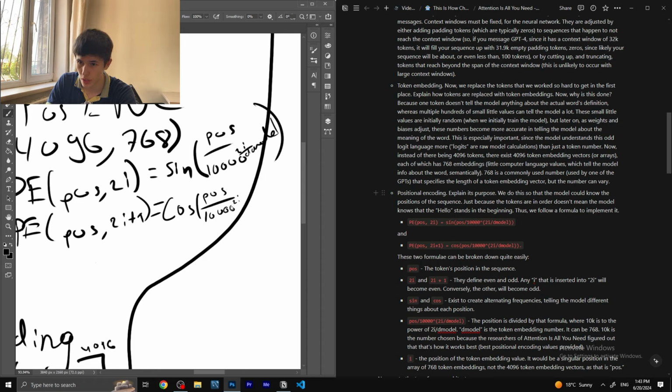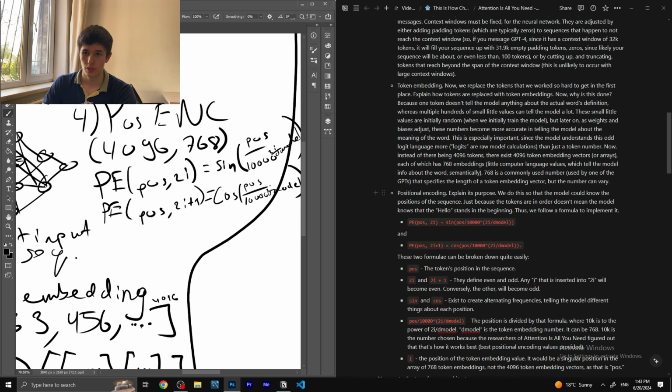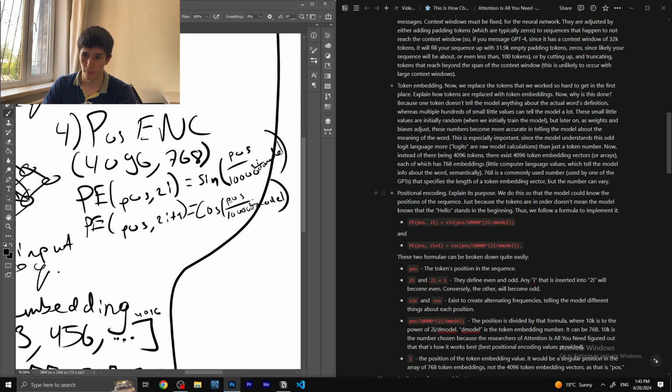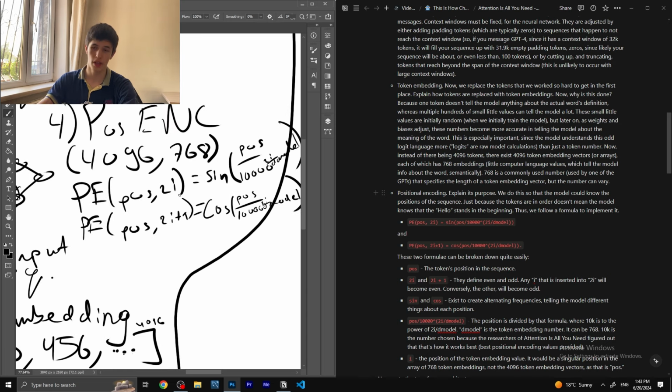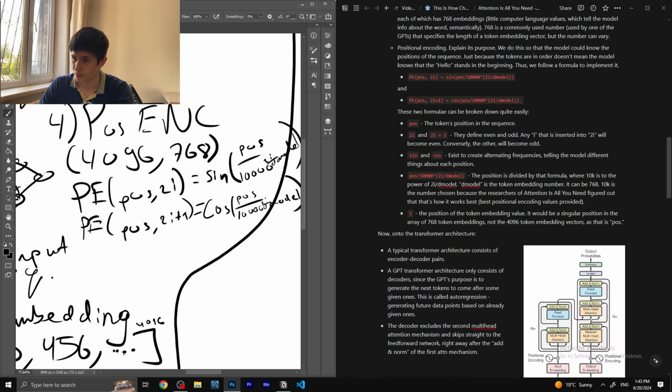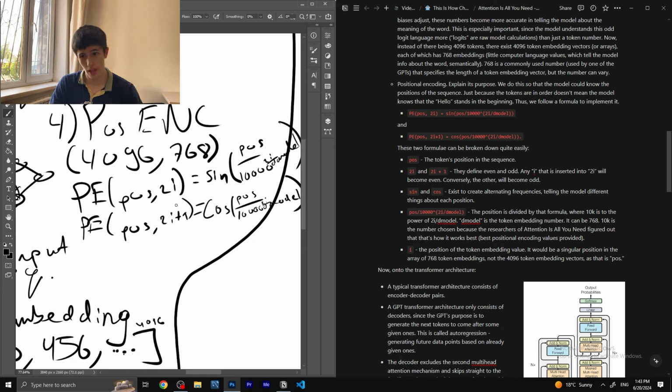10,000 to the 2i over d model. Okay, d model done. So these values are applied onto each embedding in the embedding vector. Let's look at this. First of all, you have 2i and 2i plus 1. It's to ensure that sine is applied only on even numbers and cosine on odd numbers.